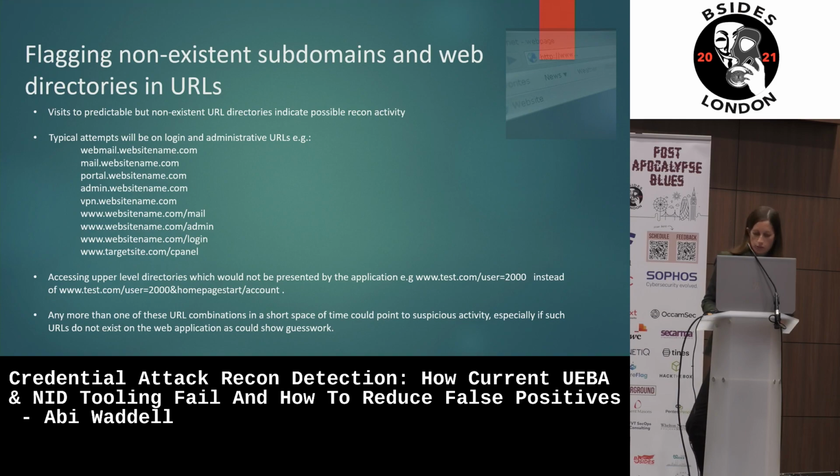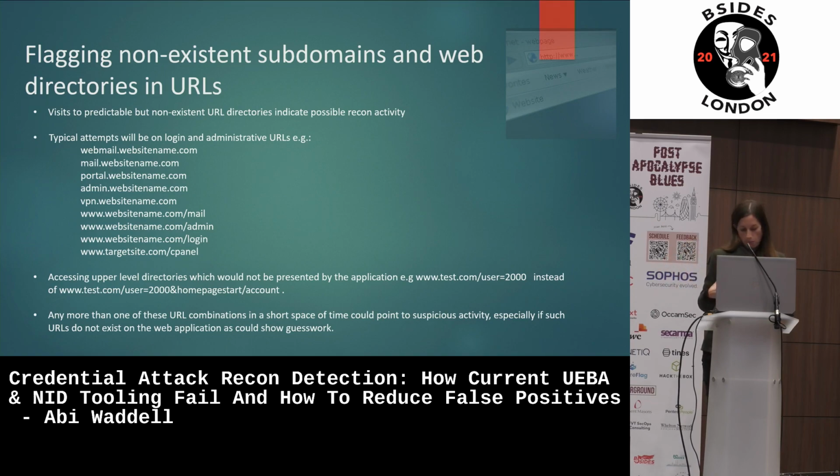Flag non-existent subdomains and web directories in URLs. So site visits to predictable but non-existent URL directories indicate high probability of suspicious recon activity. So typical attempts will be on the login and the administrative directories. So for instance, by prefixing the site name with VPN or webmail or mail, etc., and also appending predictable directories after the site name, such as /mail, /cpan, or /login.